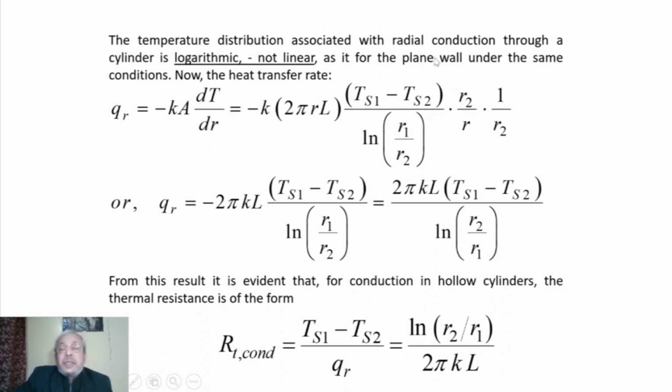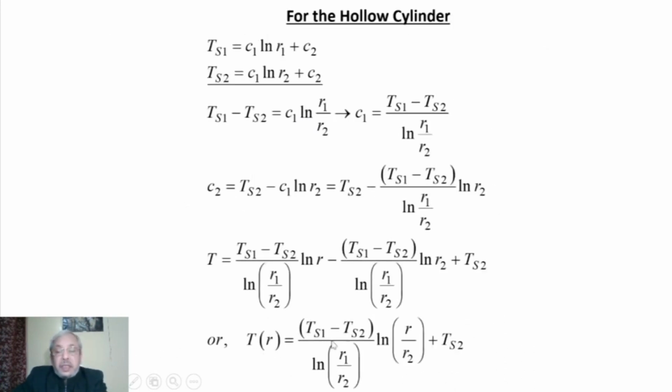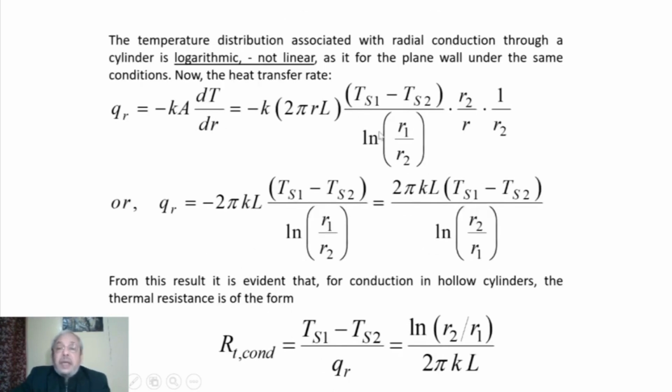So the condition is the same, the boundary conditions are the same, but we can see the internal distribution is logarithmic. Now the heat transfer rate is minus KA dT/dr, where the area is twice pi R into L. We differentiate the expression for T(r) with respect to R, and we get Ts1 minus Ts2 divided by ln R1 by R2 into R2 by R into 1 by R2.